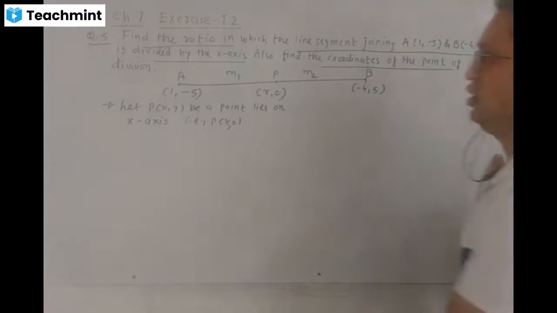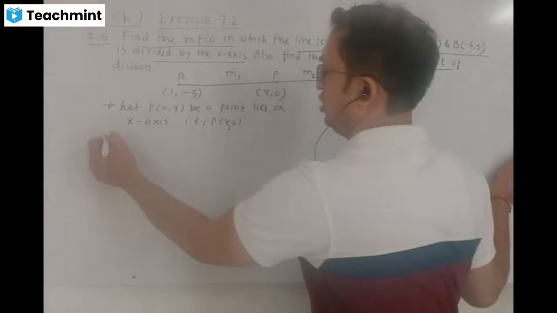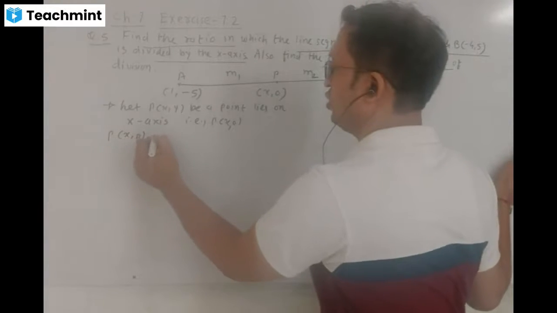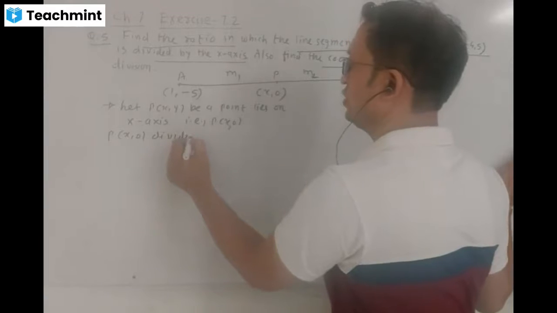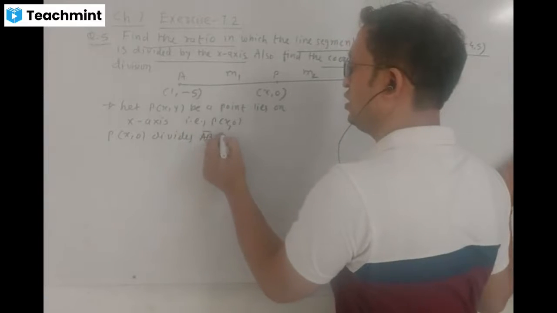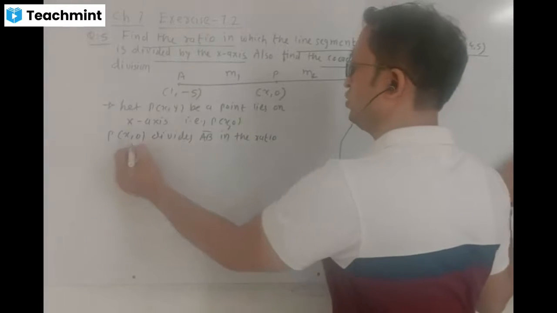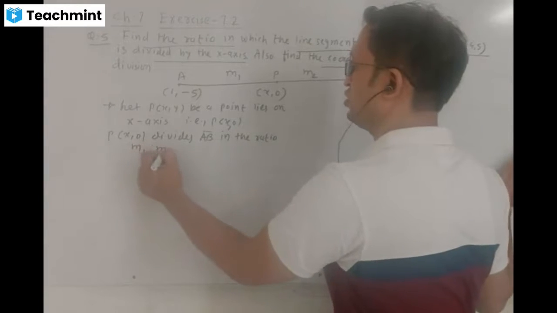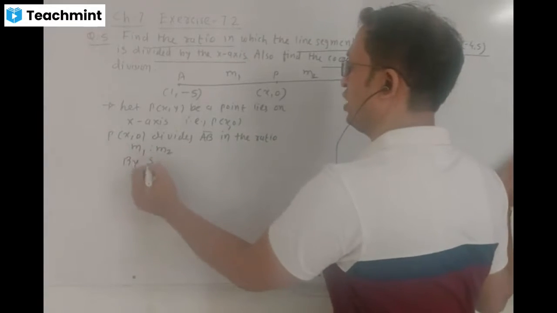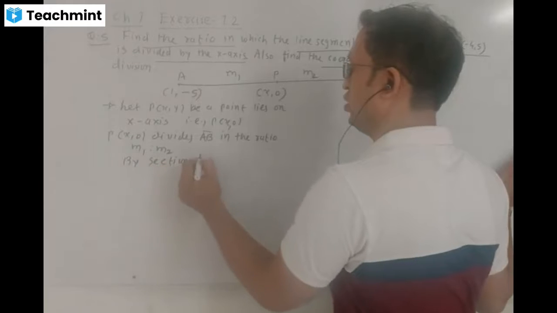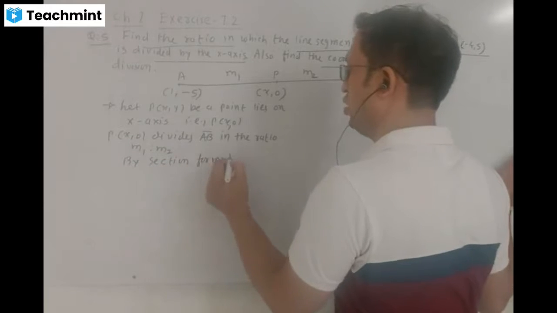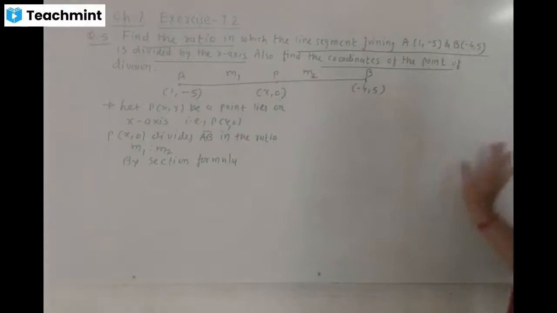Okay. P(x, 0) divides line segment AB in the ratio m1 is to m2 by the section formula. Here the y coordinate is 0.